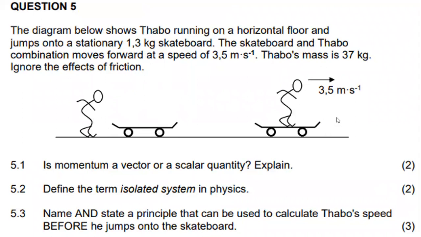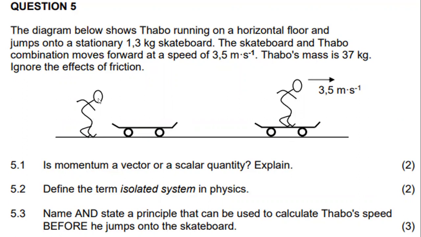And we have an idea again about the mass and the velocities after the collision. So definitely a principle that will be relevant here will be the principle of conservation of linear momentum.